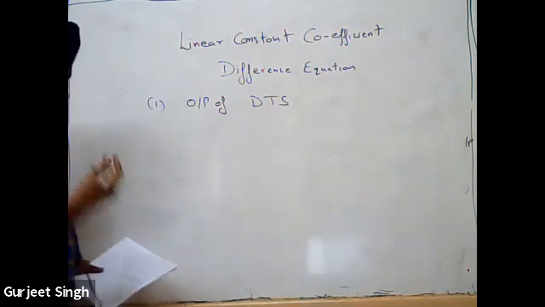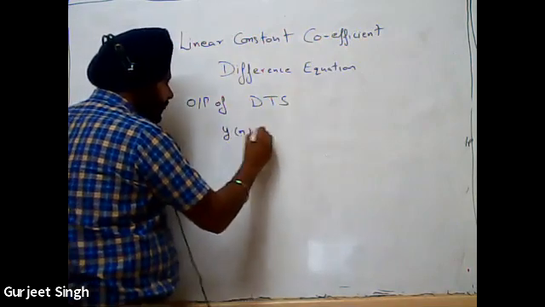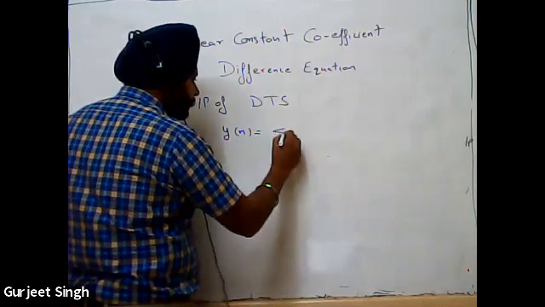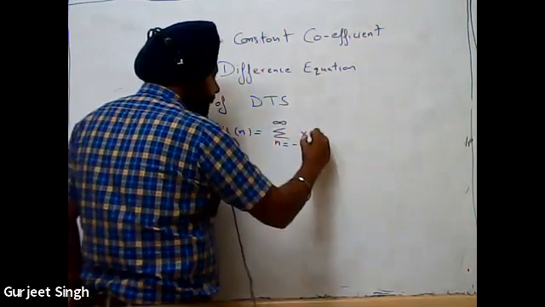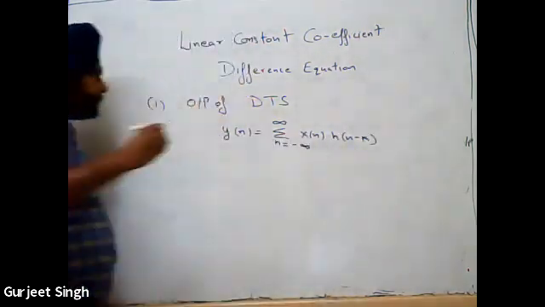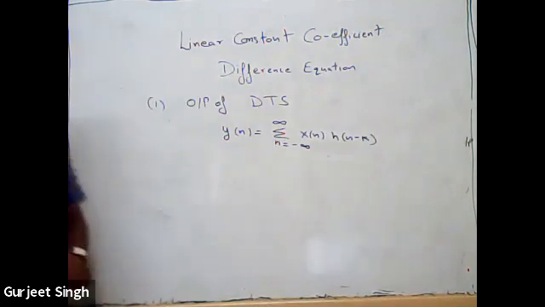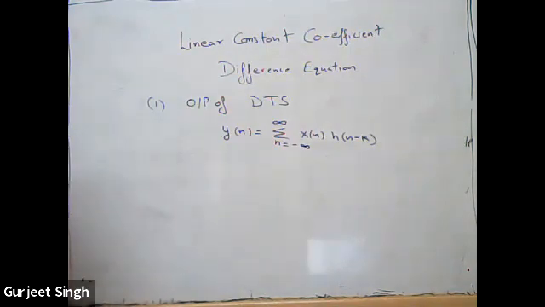We denote the output as y[n] equal to the summation from minus infinity to infinity of x[k] h[n minus k]. So this is the output of the discrete time system, the convolution sum. In this part we will study the difference equations which are used to implement the discrete time system or the digital filter.